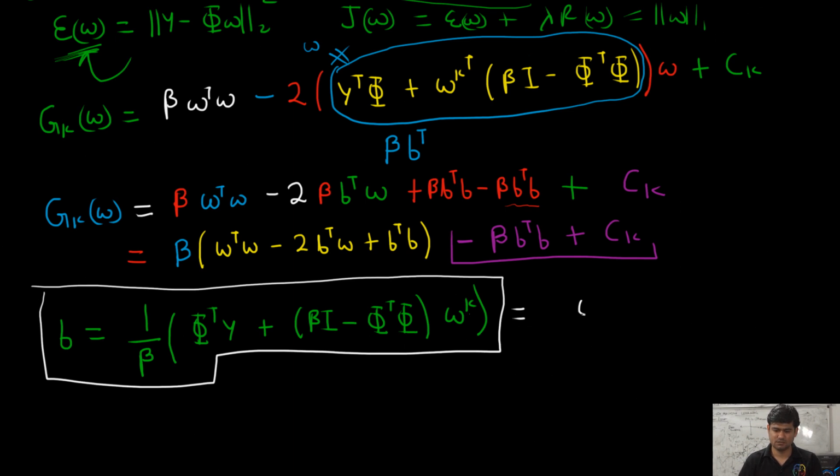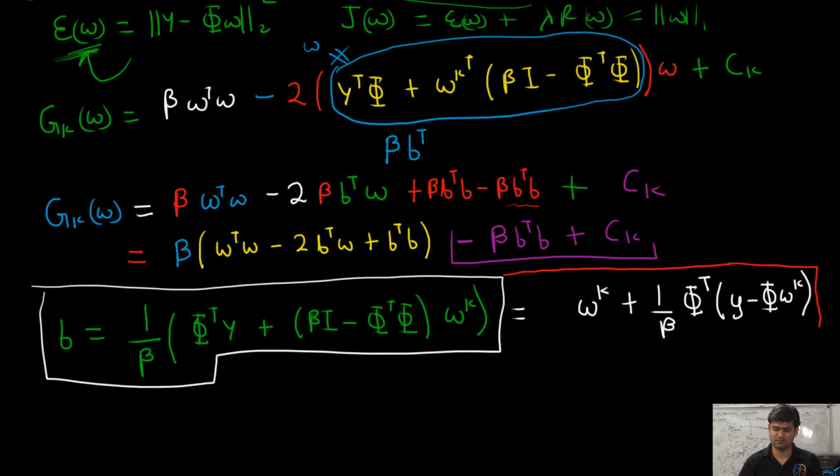So this is w_k plus 1 over beta times phi transpose times (y minus phi times w_k), which you would notice is w_{k+1}.